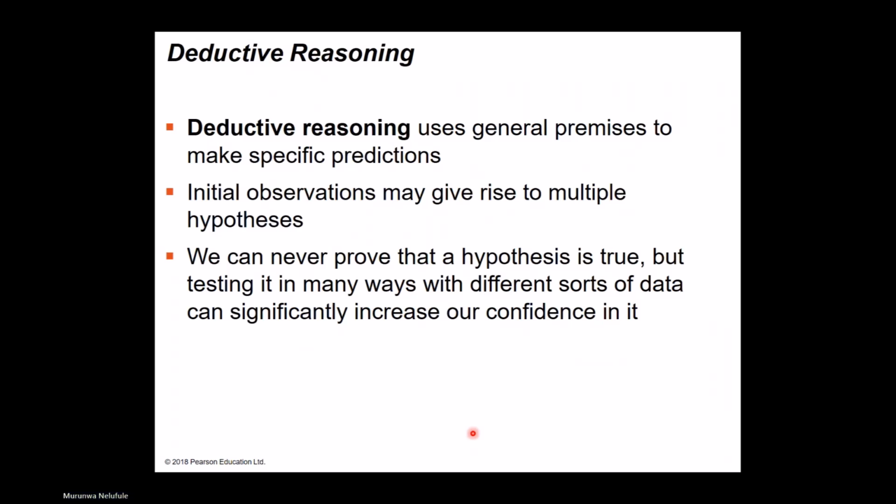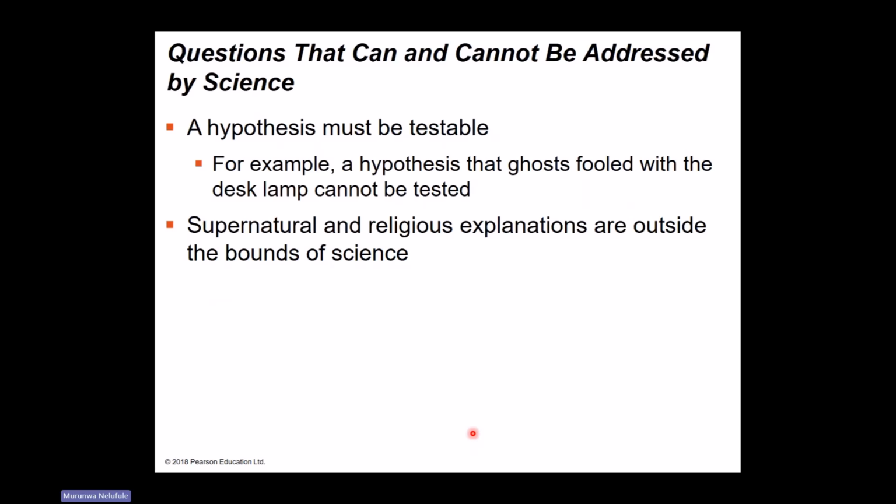Questions that can and cannot be addressed by science. I've mentioned this before: a hypothesis must be testable. For example, a hypothesis that a ghost fooled with the desk lamp cannot be tested. If there was a hypothesis number three and somebody said, ooh, the ghost is the one that messed up the lamp, we can't test that.